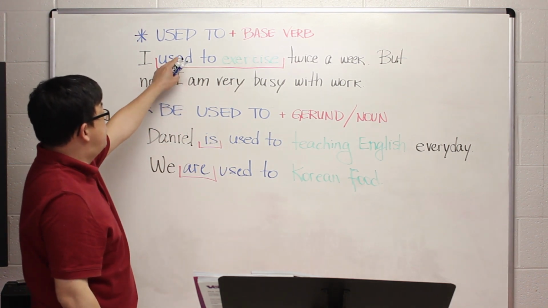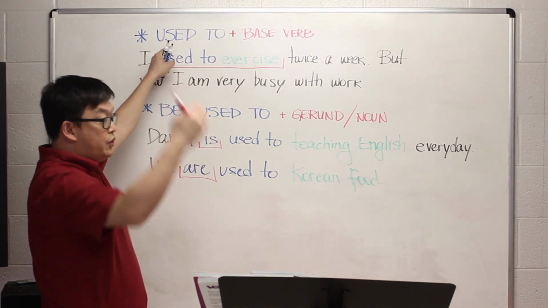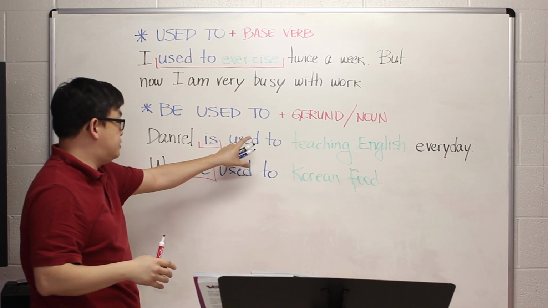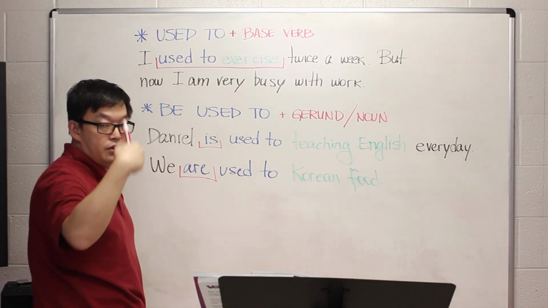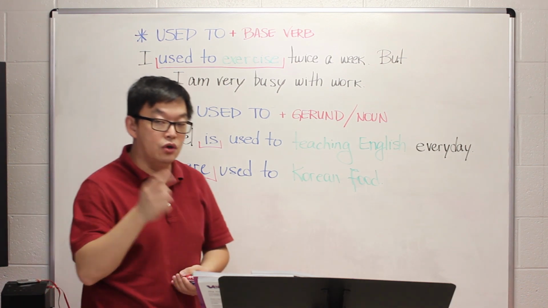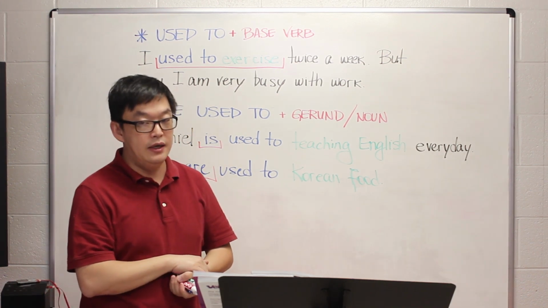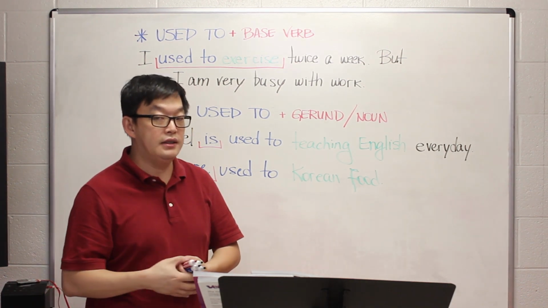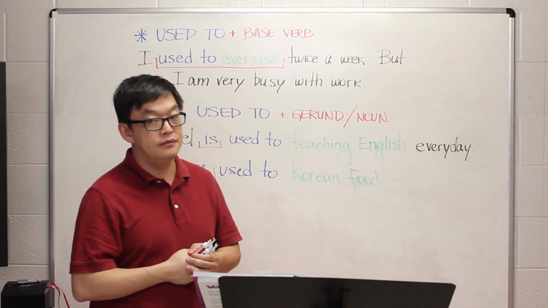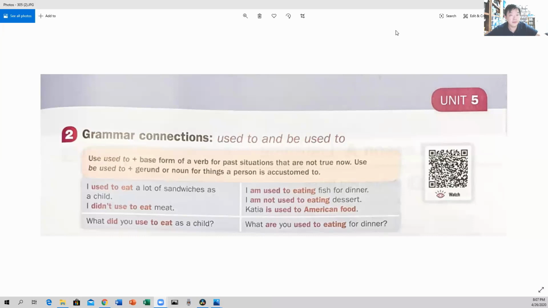And this is for things that were true in the past, but now not anymore. This is for things that are still you're accustomed to. Okay? Any questions? Don't forget to send me your questions, okay? But now I want us to practice, so let's do some exercises. Okay, so now we are going to go to our workbook and practice a little bit.